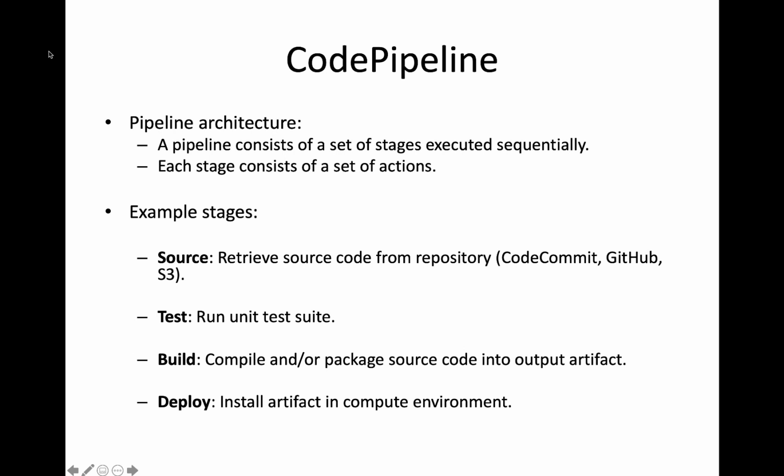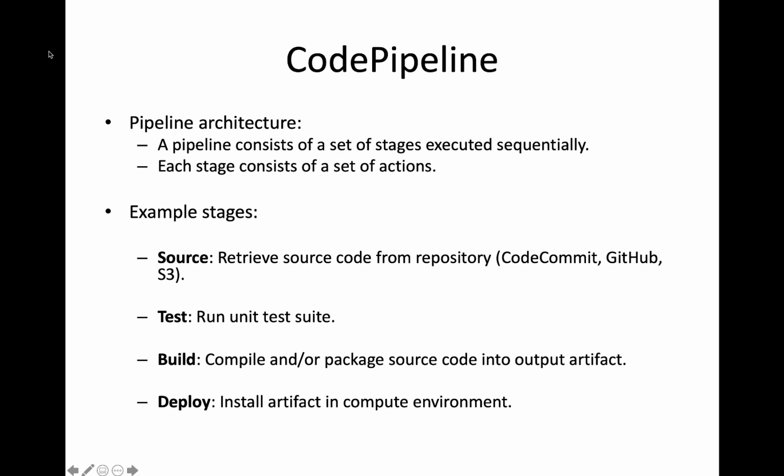You could create a test stage where your code is going to be tested using unit tests or some sort of automated test suite. You could have a build stage that will compile your source code and produce an output artifact. And then finally, you could have a deployment stage where the output artifact is deployed and installed in a compute environment.